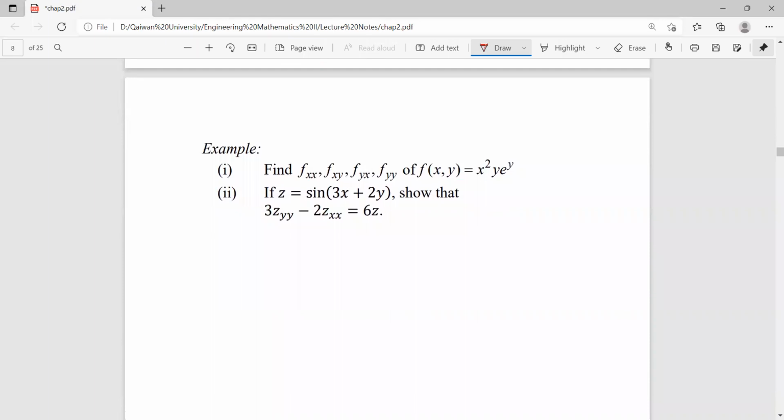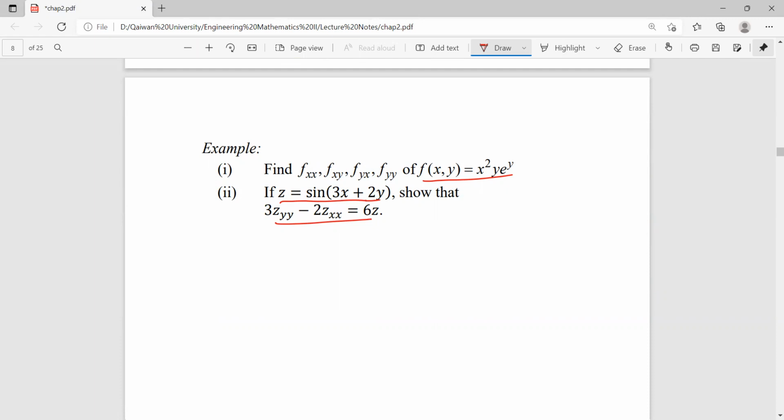Here you have some examples. It says find f sub xx, f sub xy, f sub yx, f sub yy for these functions. Okay? For this one and also for this one. And then for the second one, we should show that if z is this function, 3z sub yy minus 2z sub xx equals 6z.